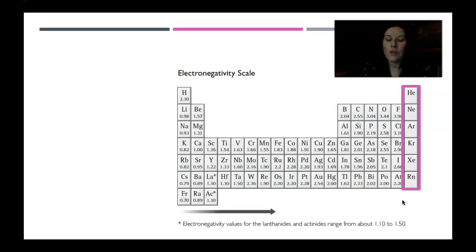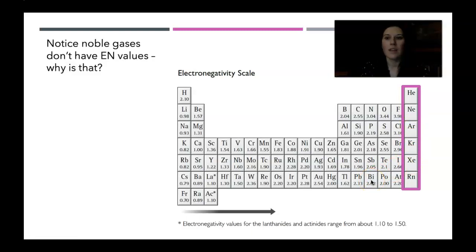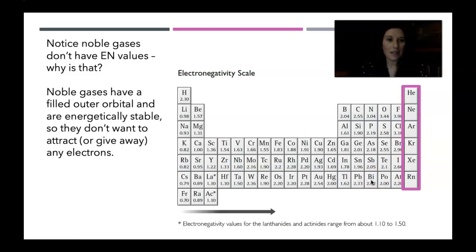You'll notice that there are no values written for the noble gases over here, like helium, neon, argon, krypton, and xenon. Well, why is that? Let's remind ourselves. Noble gases have those filled outer orbitals in their Bohr model, and that helps them be energetically stable.